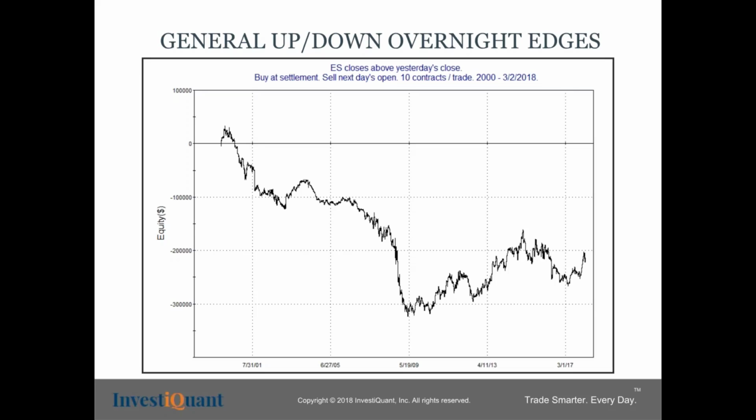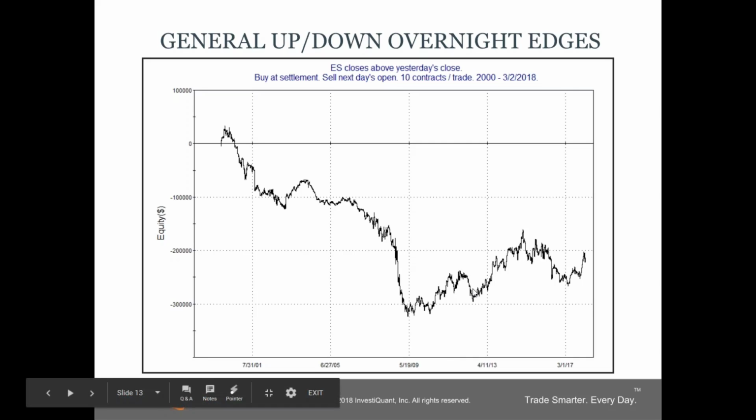So this chart looks at overnight returns if you bought ES each day which closed up on the day. In other words, settlement price today was greater than the settlement price yesterday for ES. Now, as you can see, despite the tendency I showed earlier for the market to rise over the years, it's actually fared pretty poorly following up days.